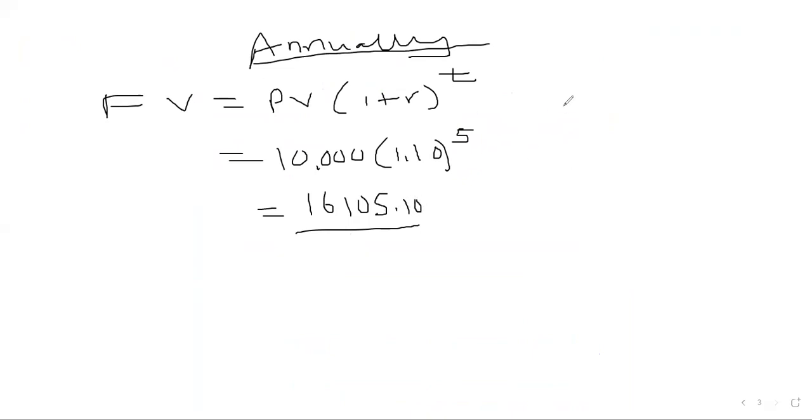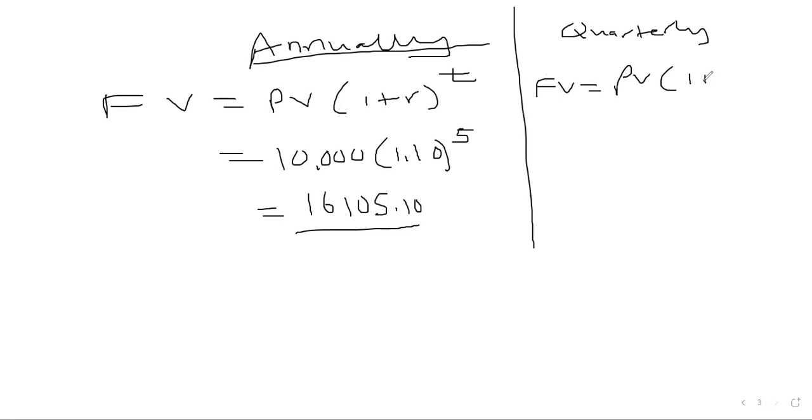This was annually. Suppose you are asked to calculate quarterly, what will change? The formula. Our future value will therefore be present value times 1 plus R over M, to the power MT. So we have 10,000. Our interest rate is 10%.